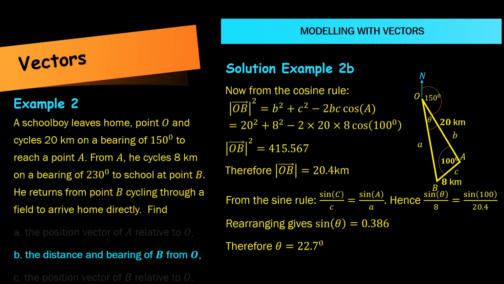And finally, if we inverse sine, we obtain theta equals 22.7 degrees. And therefore the bearing is equal to 150 degrees plus 22.7 degrees, as you can see from the diagram, which is equal to 172.7 degrees, as shown.